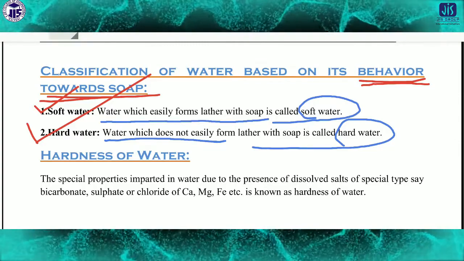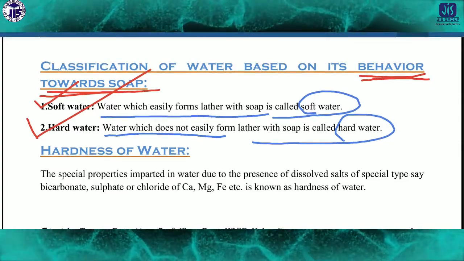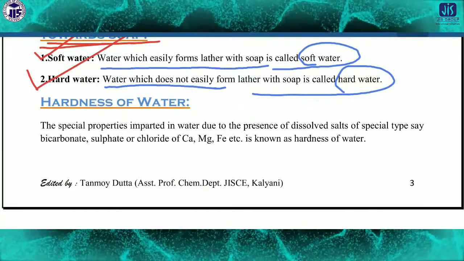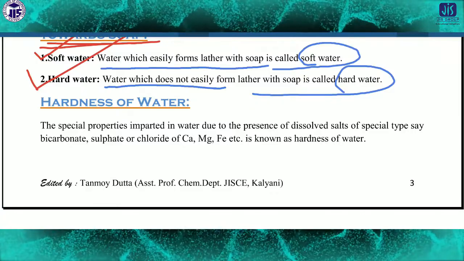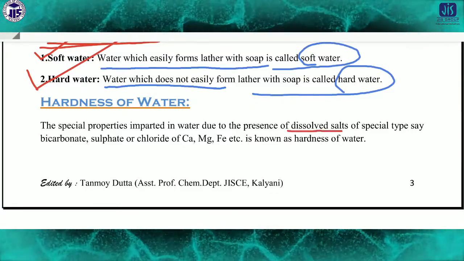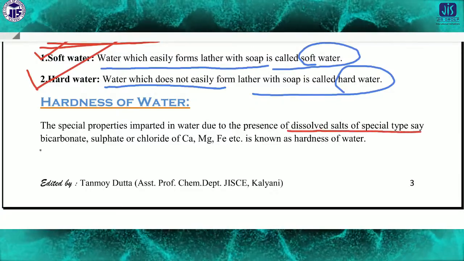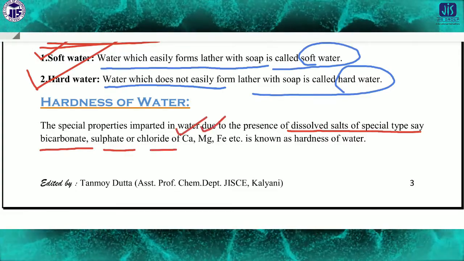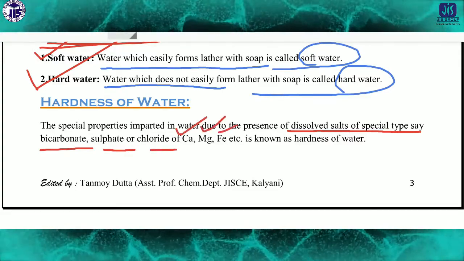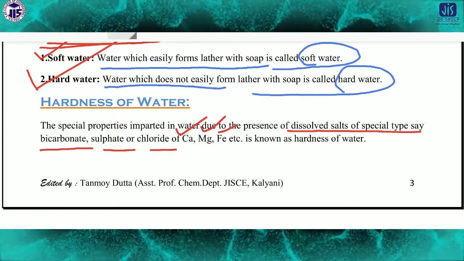Now, the hardness of water. If you think about the hardness of water, it is the special property imparted in water due to the presence of dissolved salts of a special type, say bicarbonate, sulfate, chloride of calcium, magnesium and iron. There is an interesting case, keep in mind.